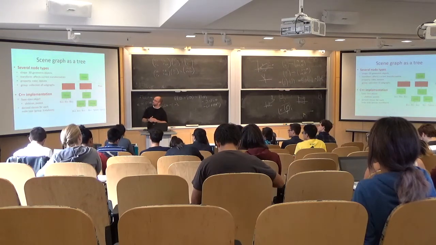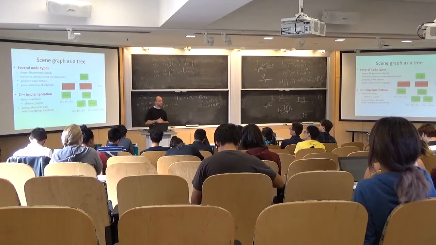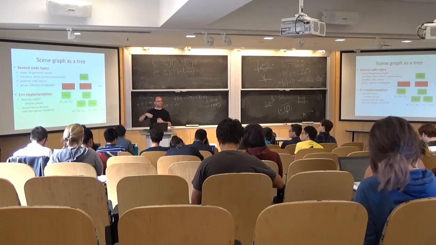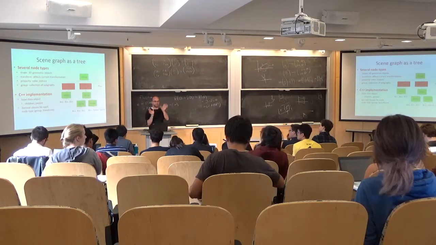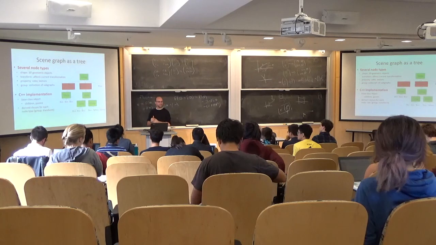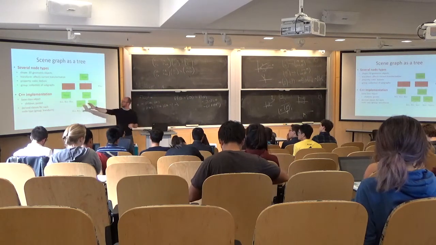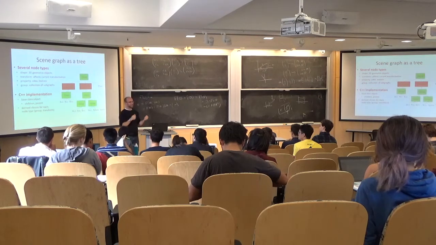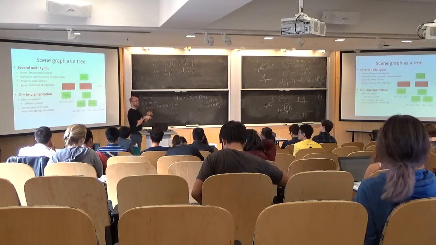You can have a shape, maybe a transformation, maybe a color, where you say everything underneath this node is yellow or whatever. And all of these fit nicely into this basic data structure. And so this is one of the reasons why you often see graphics libraries in C++, because this is sort of the earliest programming language that really embraced this idea of these objects that fit together in structure.